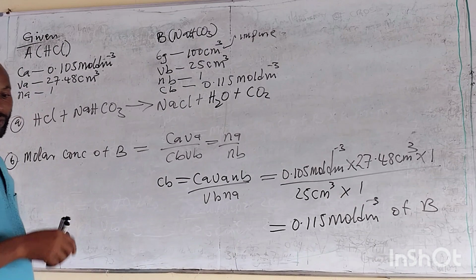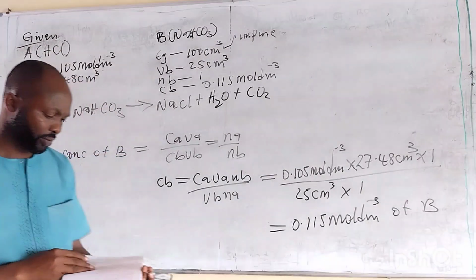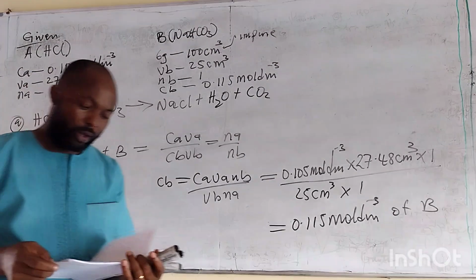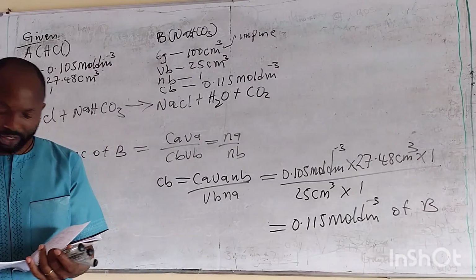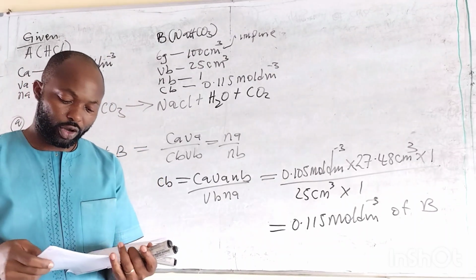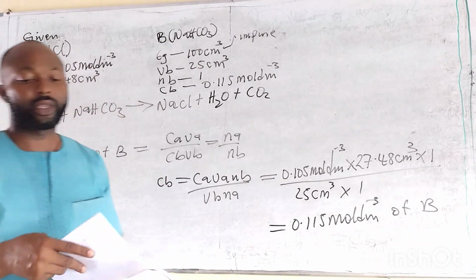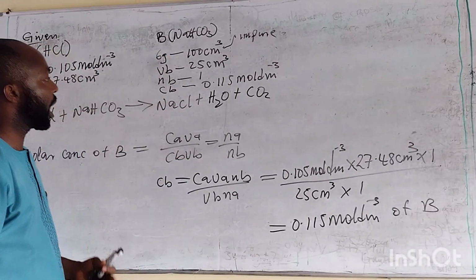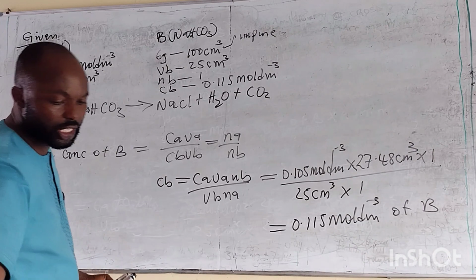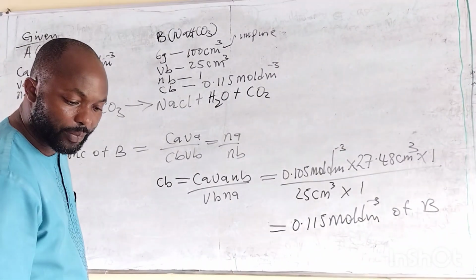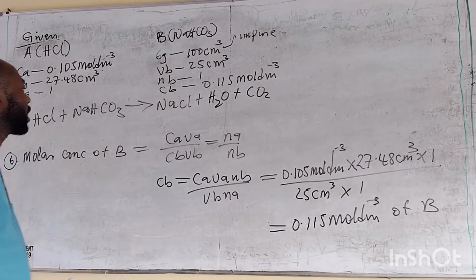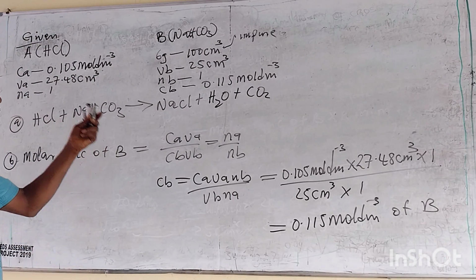So if that's true, let's look at the next question. It says we should calculate the amount of sodium hydrogen trioxocarbonate(IV) in 100 cm³ of B. Now, amount is molar count times volume, and the volume they give us is 100 cm³. So we have to bring in the molar count of the base.